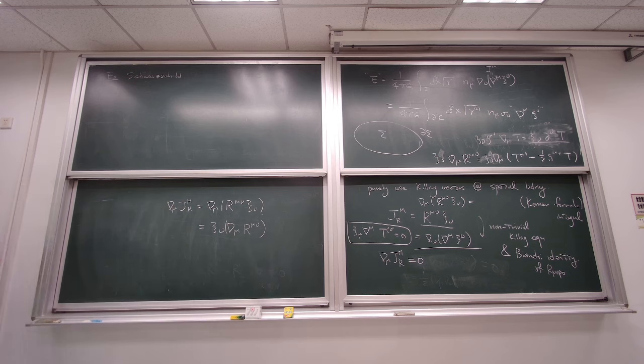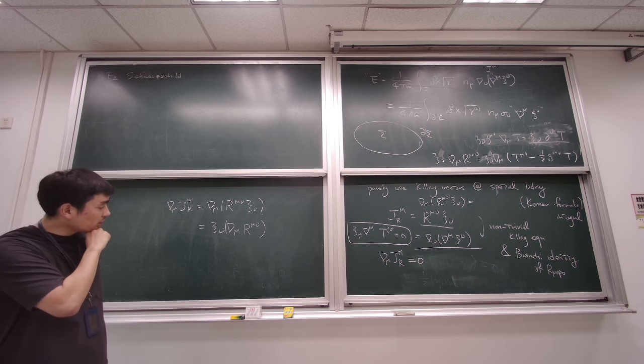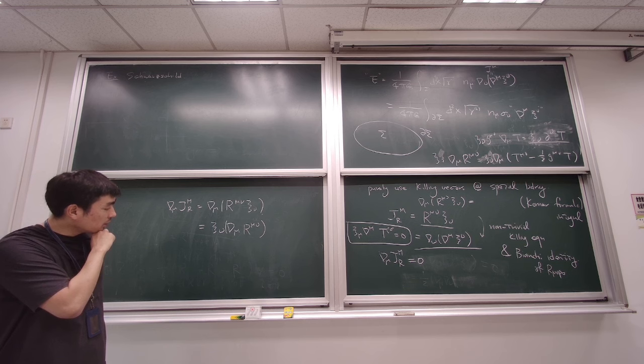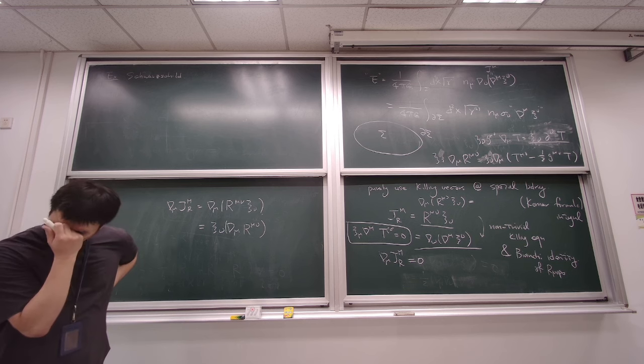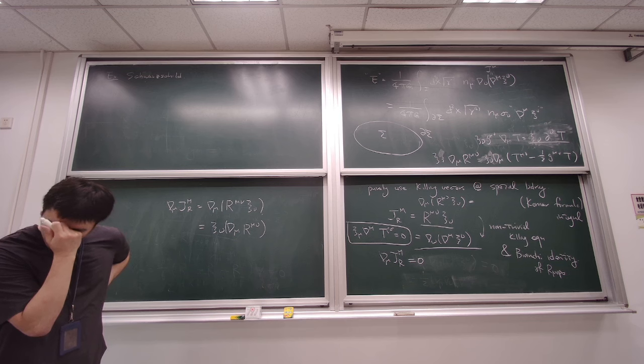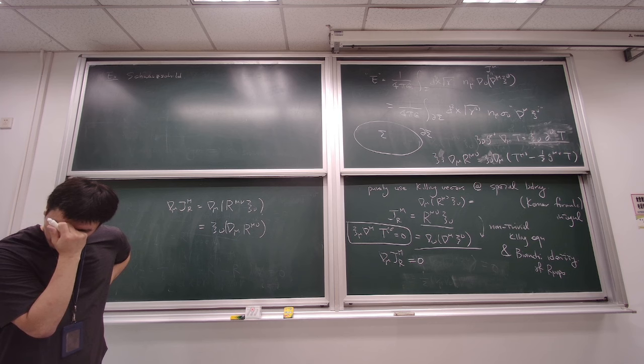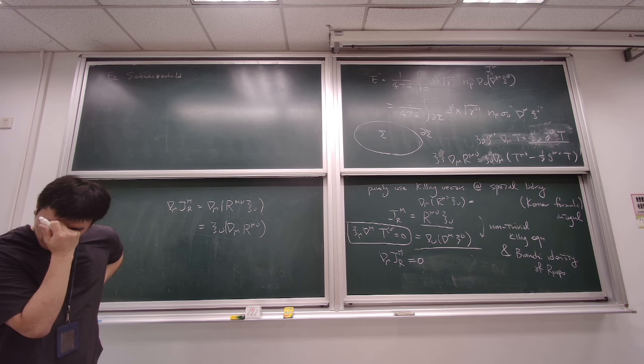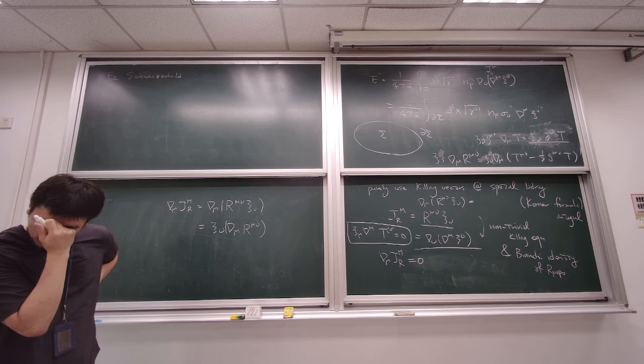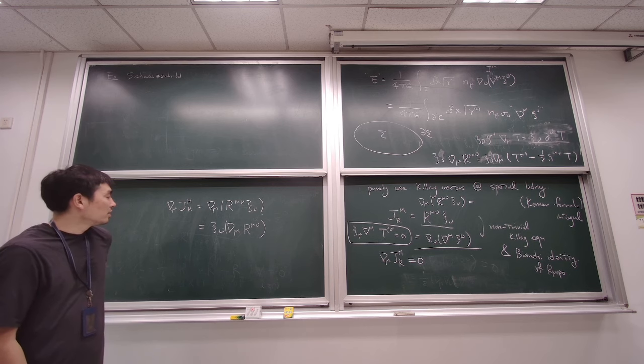And then this should be 0, but for the Killing spinor, I don't know how to derive that.